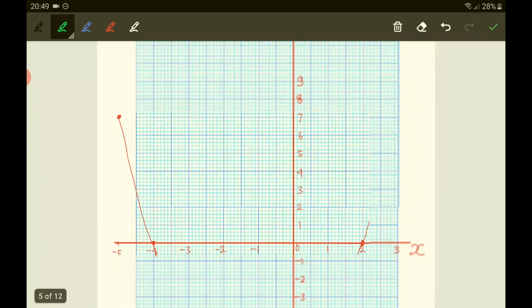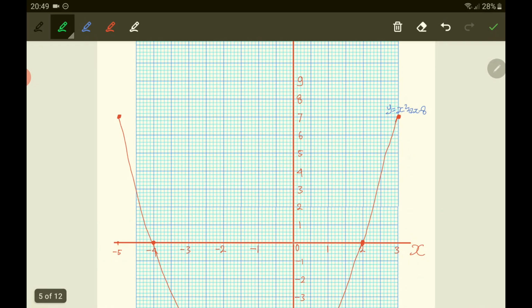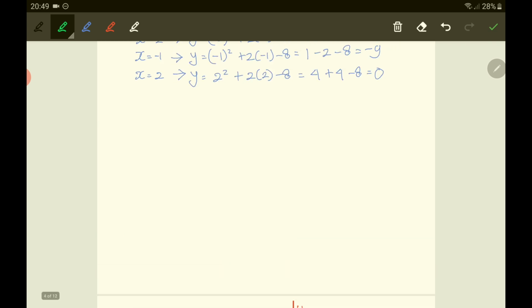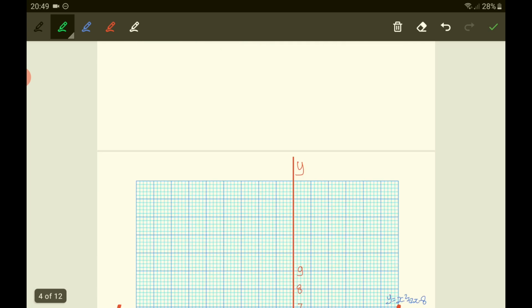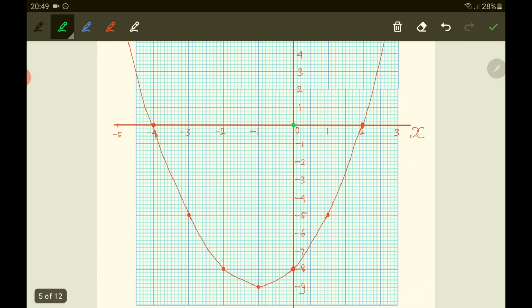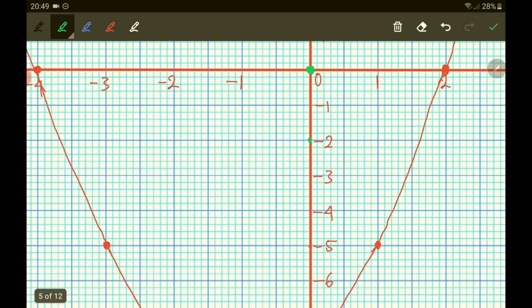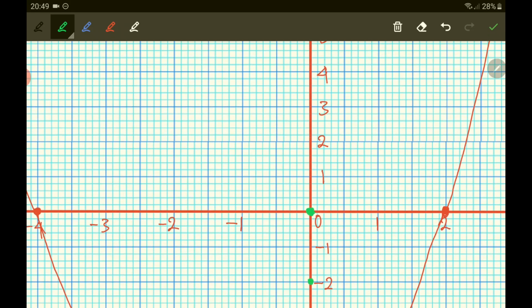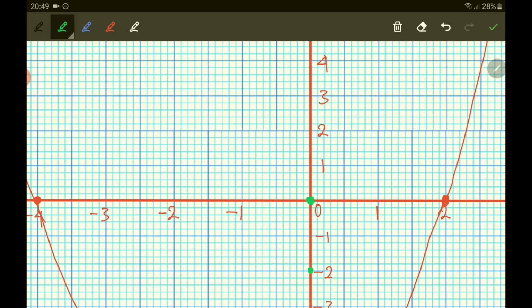When y equal to 0, of course it's here. So when y equal to minus 2, it's here, and y equal to a half will be here.